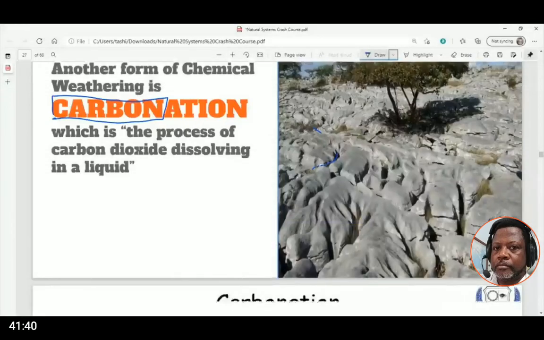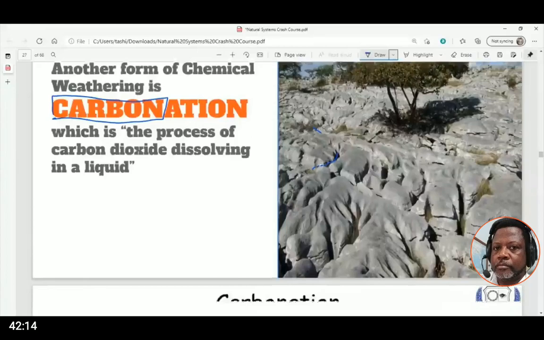Now, I'd like to point out that this type of chemical weathering process is very, very active upon limestone rocks. The reason for that is that limestone rocks are very high in the mineral calcium, and rainwater will absorb carbon dioxide from the air, forming a kind of weak acid, and this is very easily dissolved.